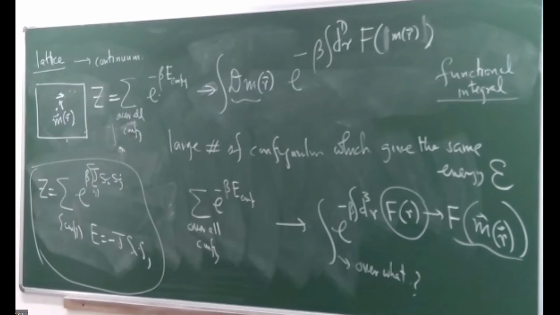The setup has gone from here to here, and all this is being done so that I can talk about the mean field theory and corrections going beyond mean field theory in a slightly easier way.